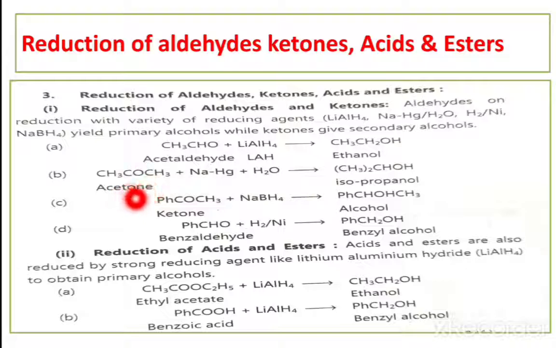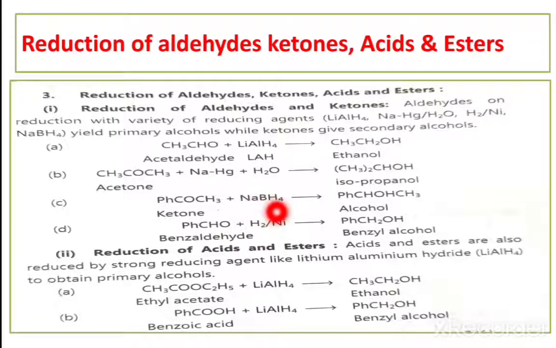If we take acetone, CH3 C double bond O CH3, acetone plus NaHg, that means sodium amalgam plus H2O, the final product is the secondary alcohol, and it is nothing but isopropanol. Okay, now the next example, Ph C double bond O CH3, that means this is a ketone, on treatment with NaBH4, that means sodium borohydride.